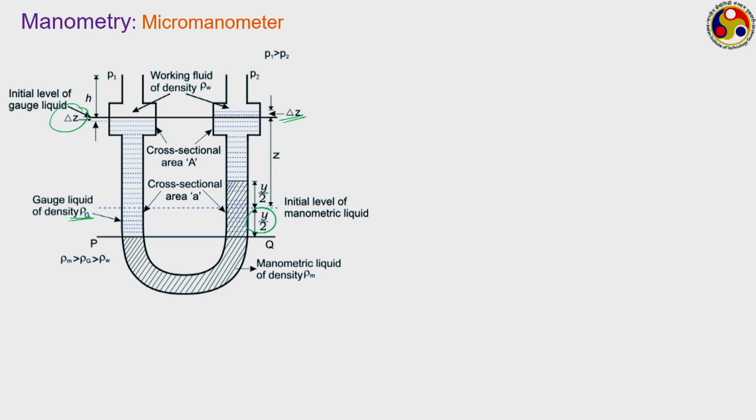Correspondingly there is y by 2 amount of increase in the elevation on the other side of the manometric fluid. So now along this cross section PQ, if we take a pressure balance, then what are we going to get? On the left hand side we have first P1, which is the pressure acting here. Then we have the working fluid of density rho w. So we have rho w g into how much is the height of this? The height is h plus delta z.